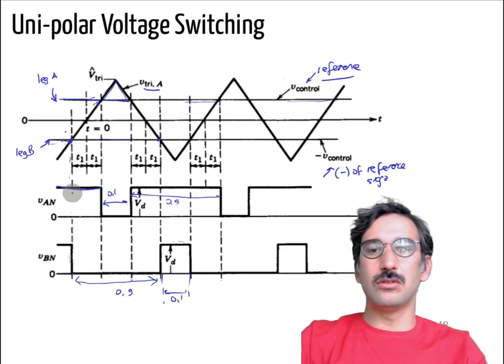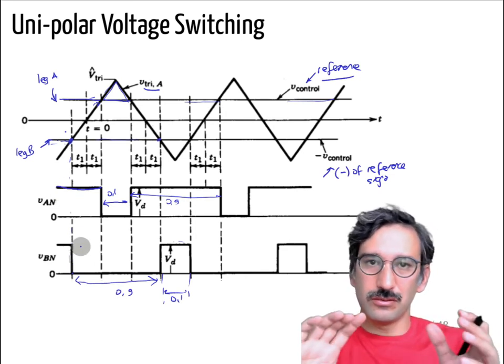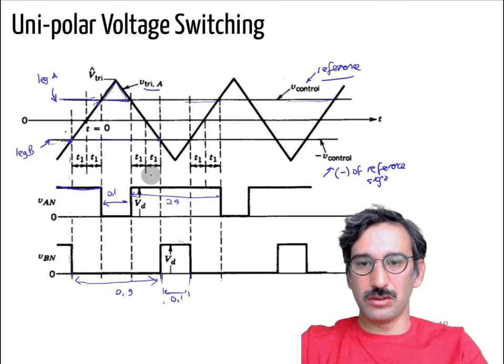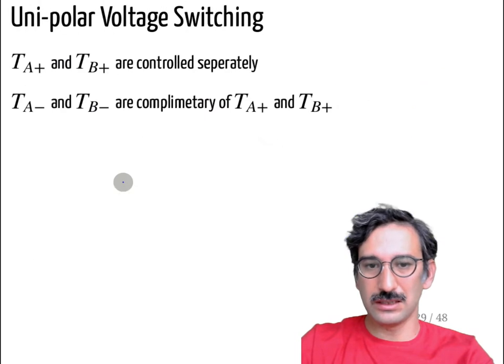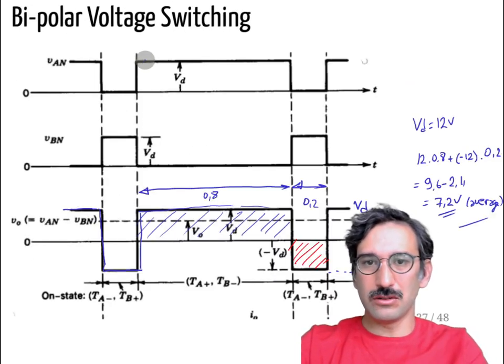Okay, so phase A and phase B are working with the same duty cycles, but compared to the previous case, it was still the same in the previous one. So leg A is on, for example, 80% of time, off 20% of time, and leg B was off for 80% of time and on for 20% of time.